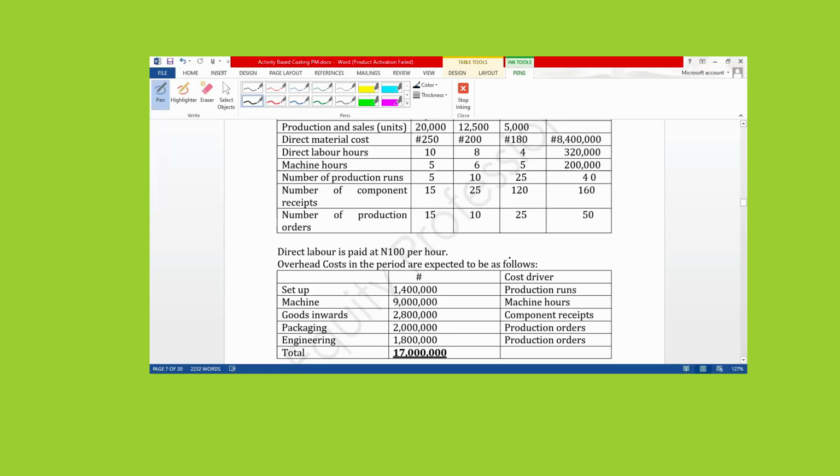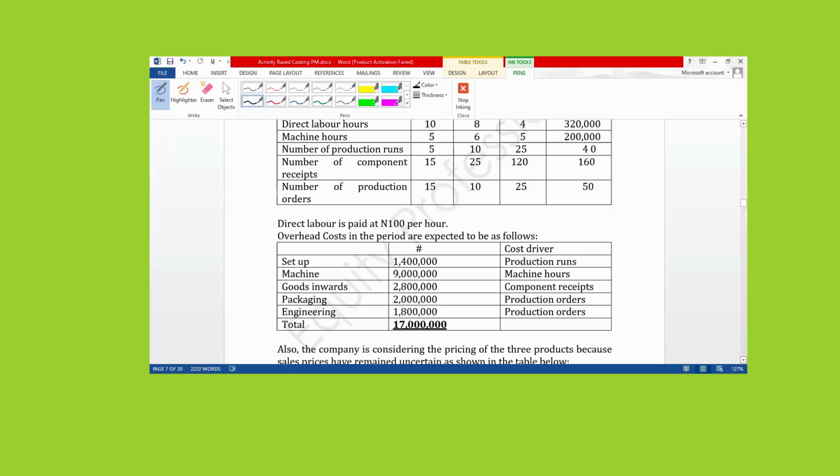Examiner has done step 1, step 2, step 3 for you. Remember step 1: identify the major activities of the organization that support manufacture of the company's product. For this company, the activities are setup activity, machine activity, goods inward activity, packaging activity, engineering activity.